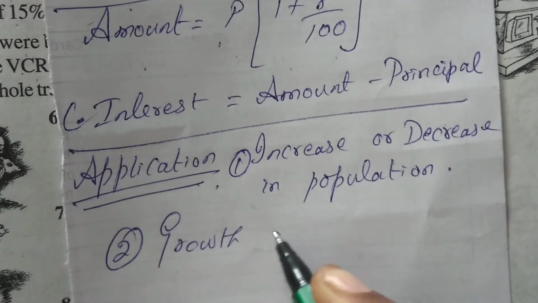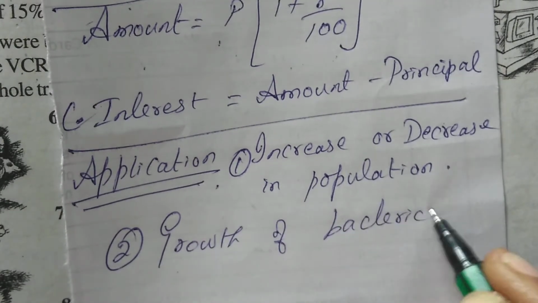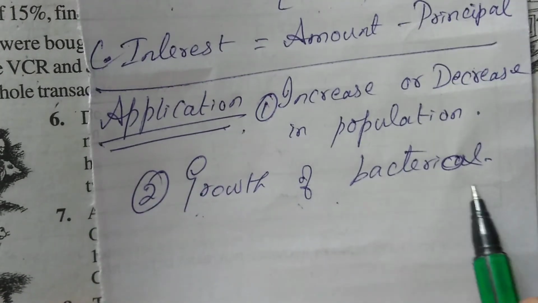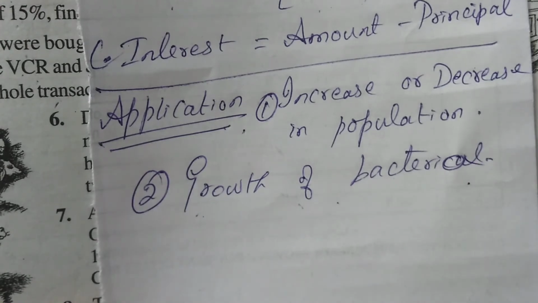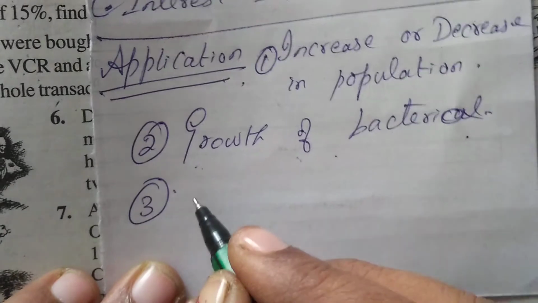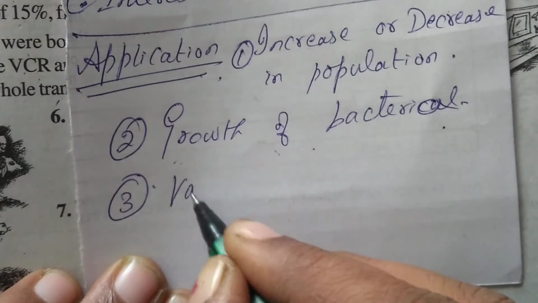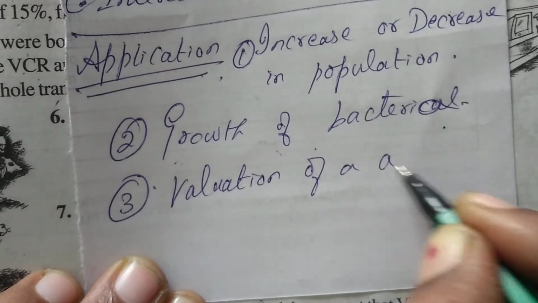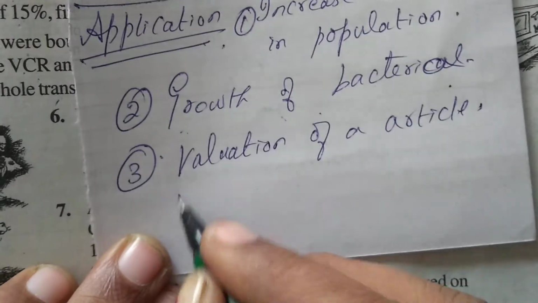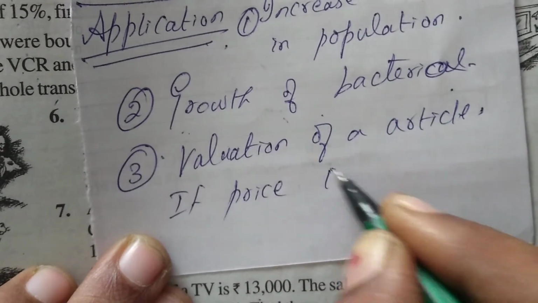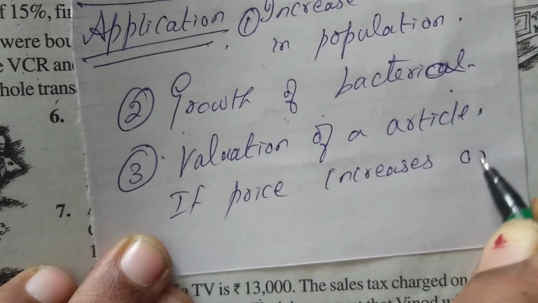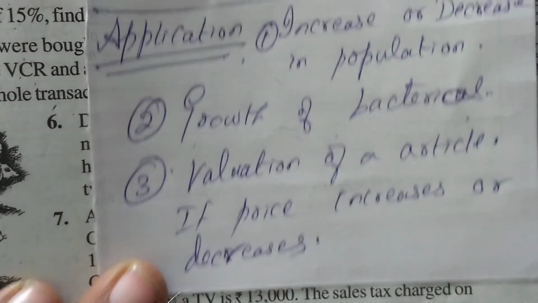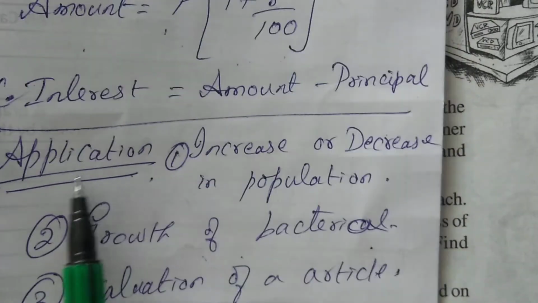In scientific calculation, bacteria in the lab and all they will find, in growth of bacteria, if the rate of growth is low. Then the third is valuation. Valuation of an article, if price increases or decreases. We use this.